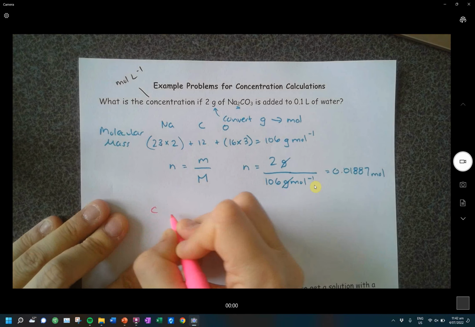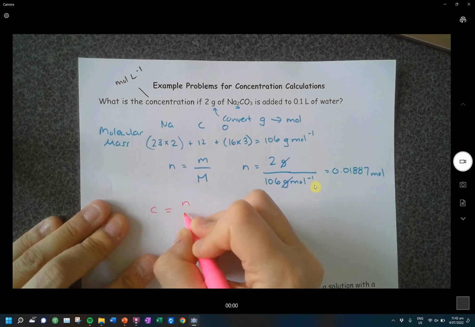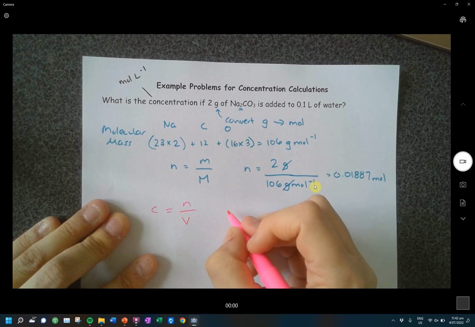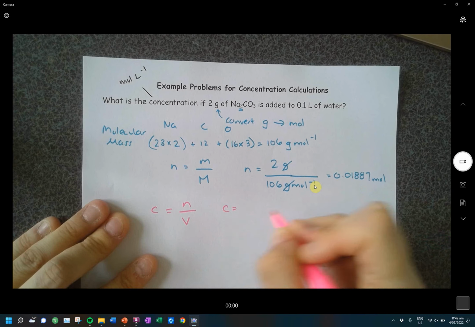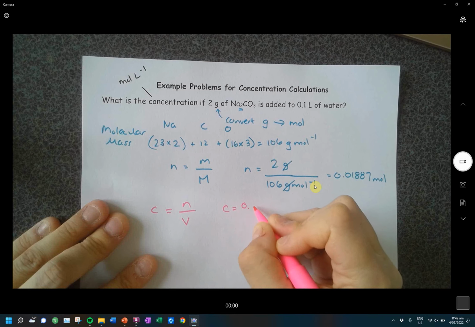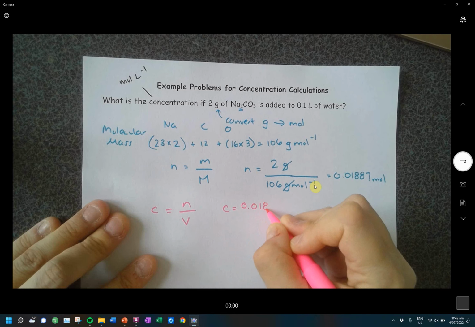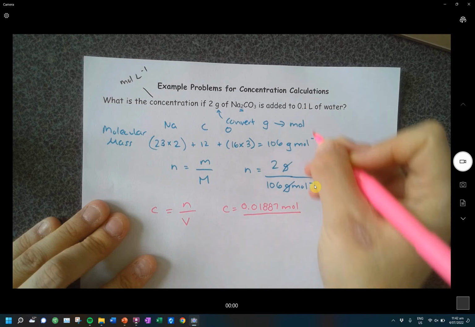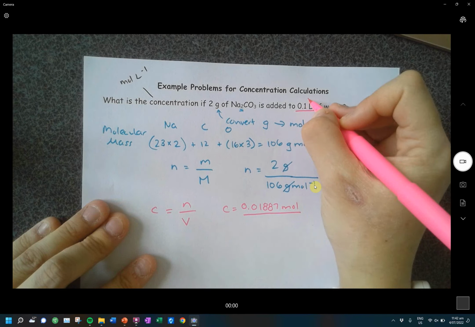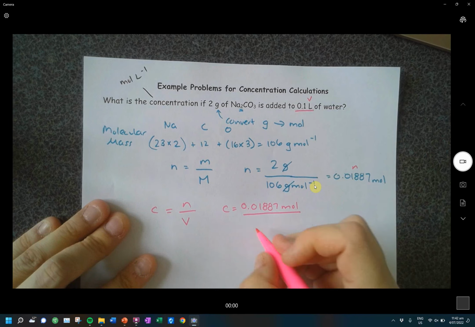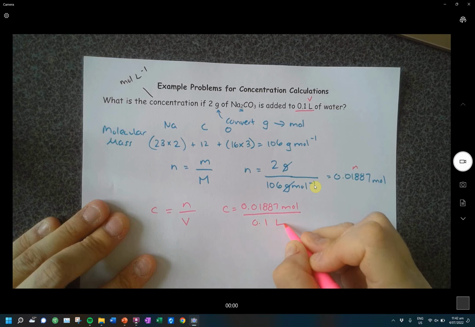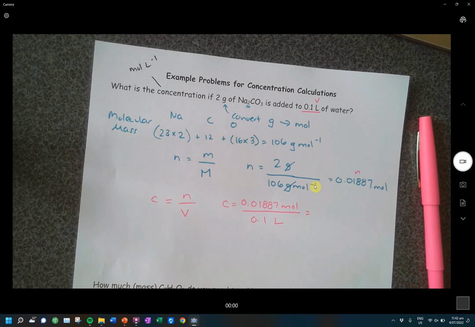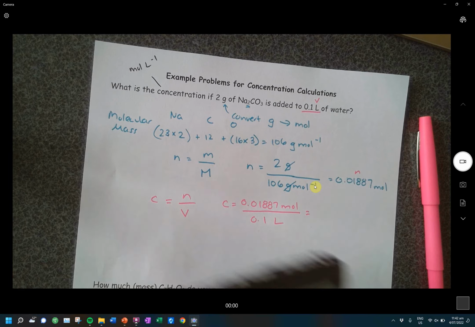If I want to figure out concentration, I would do n divided by the volume. So when I start substituting in my numbers, concentration is equal to 0.01887 moles, and I'm dividing it by my volume, which is 0.1 liters.